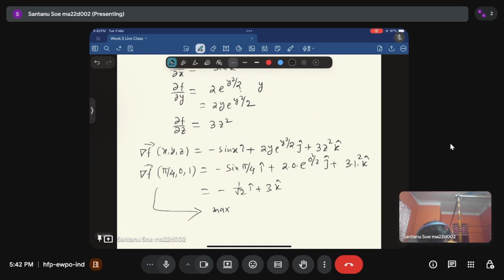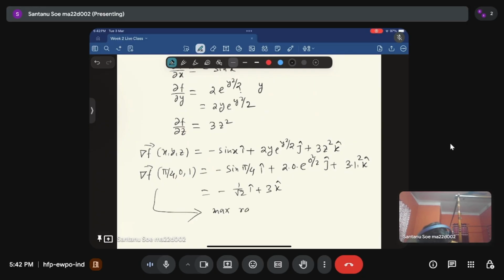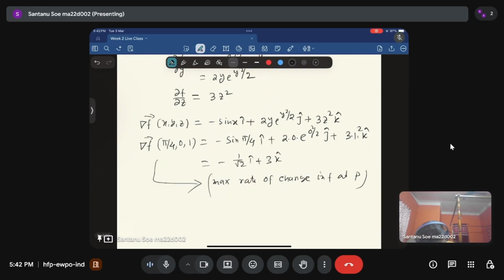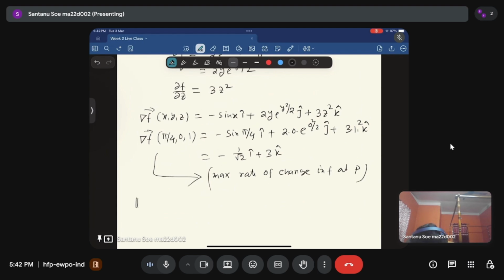Okay, and now the maximum value will be just the modulus, or the norm, of the gradient of f at p, which is pi by 4, 0, and 1.